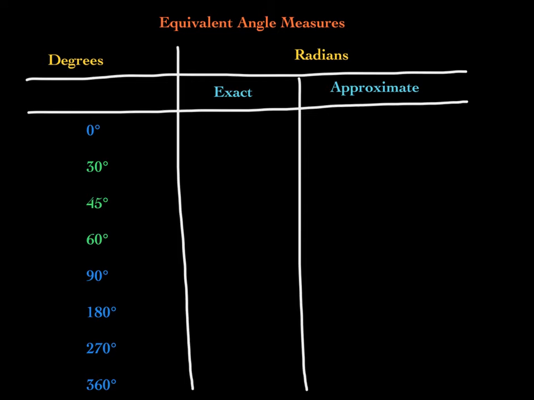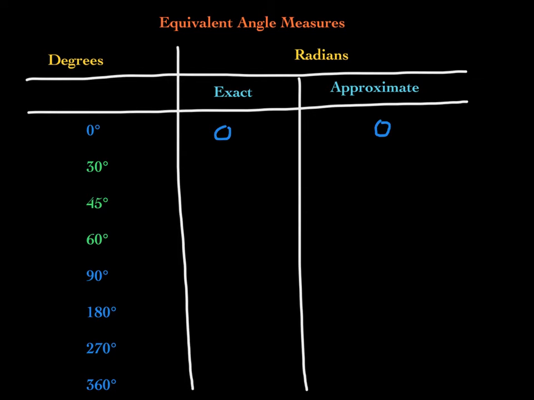All right, first things first, 0 degrees. Now this one's probably going to be the easiest. 0 degrees in radian measure is just 0 radians, and the approximation of that number is just 0. Okay, that's the easier one. All right, 30 degrees.